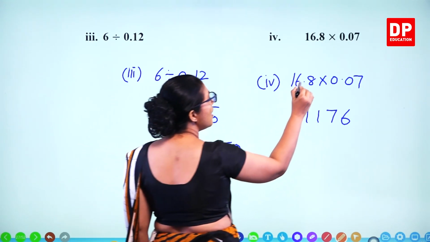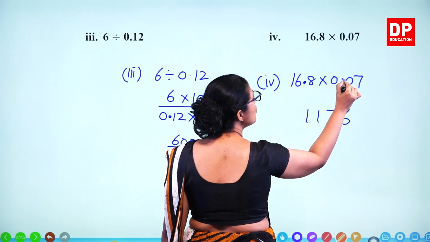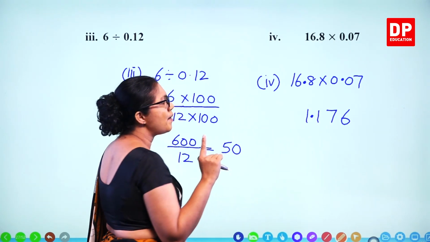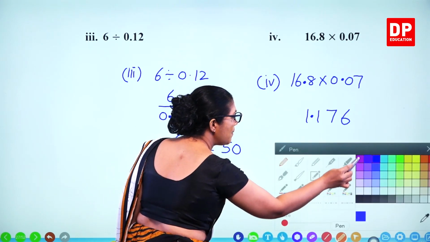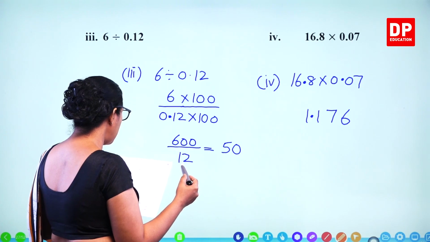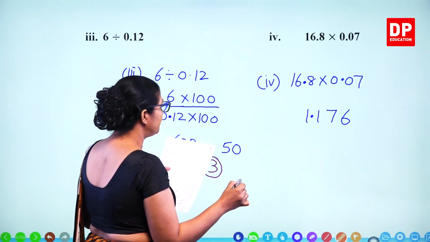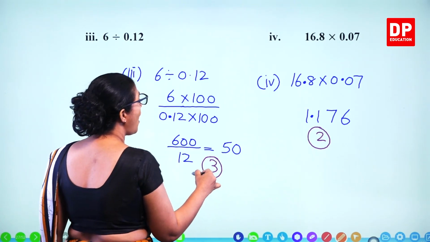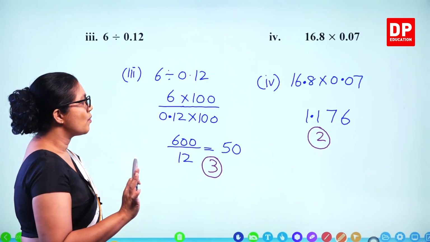You keep the decimal places 1, 2, 3 in total. 1, 2, 3. So the answer is 1.176. So how many marks for that? You are getting 3 marks here. 2 marks here. So 5 and 6, 11 marks for all the other questions.